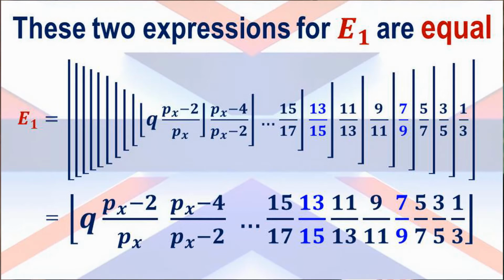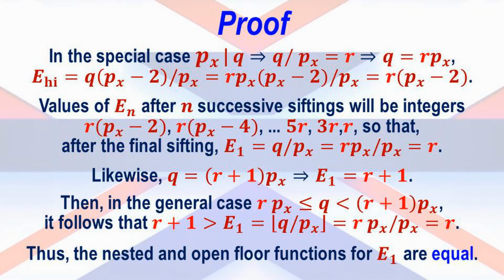And I'm going to assert, indeed I have asserted, that these two, though they may not look equal, actually are. And here's the proof. We take the special case where Px, the largest prime divisor in the window of opportunity, divides Q.